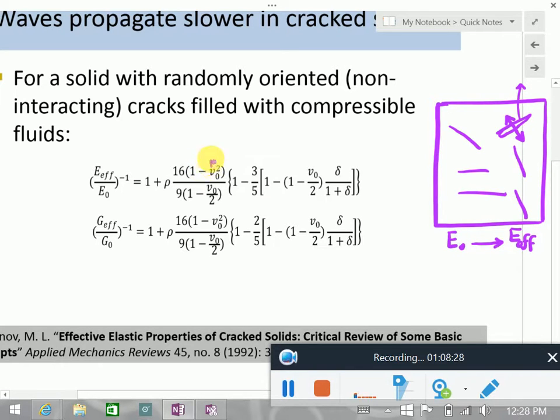Now, nu 0 is the Poisson's ratio of the matrix. And delta is a parameter which describes the behavior of the fluid which is inside the cracks.